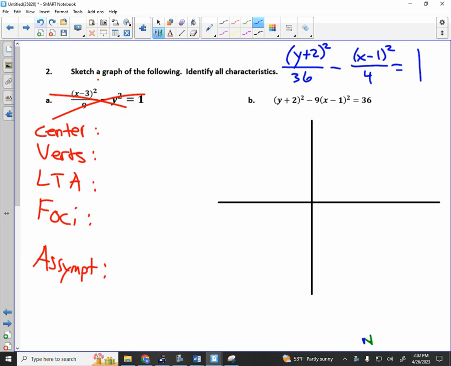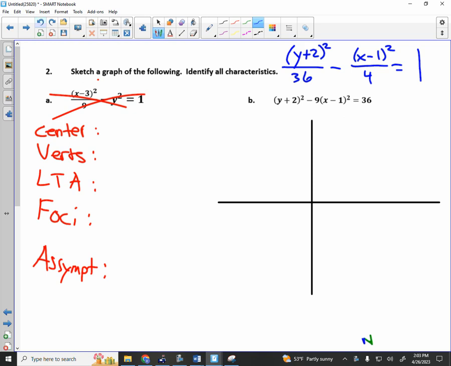Need to start by determining the center. What's the center? The shift for x is 1.